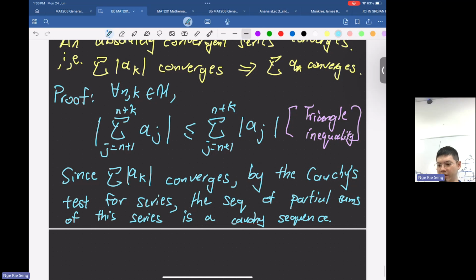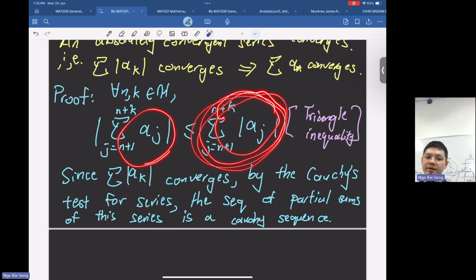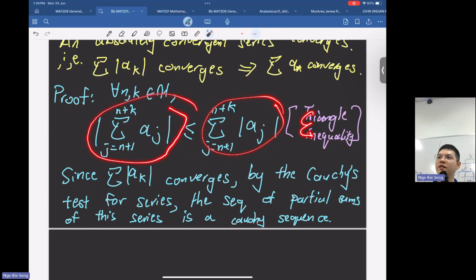Where is a Cauchy sequence? So you see, the right hand side is a Cauchy sequence. How about the left hand side? You can also bound the absolute value using the right hand side guy. If you can make the right hand side less than epsilon, you also can make the left hand side less than epsilon also.